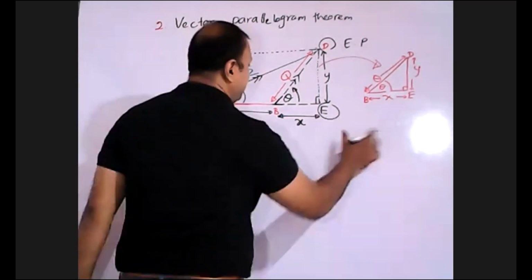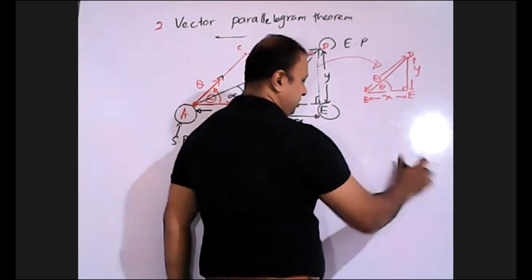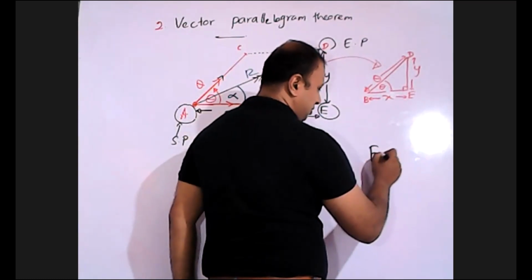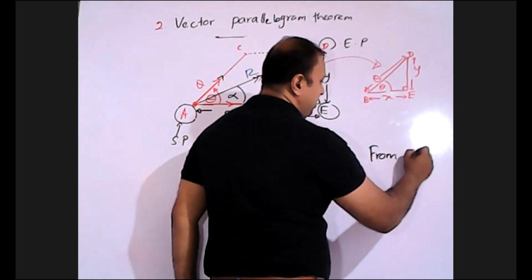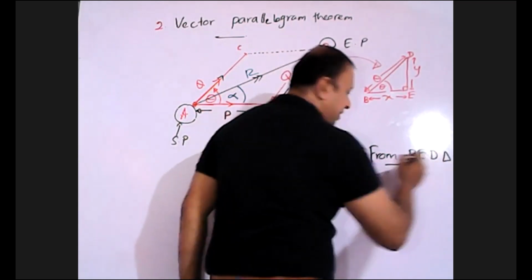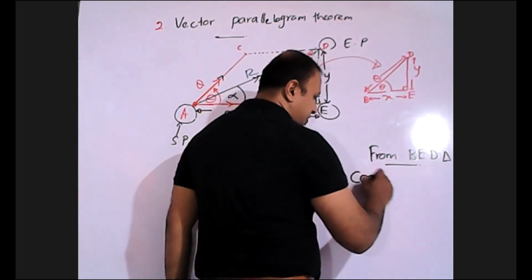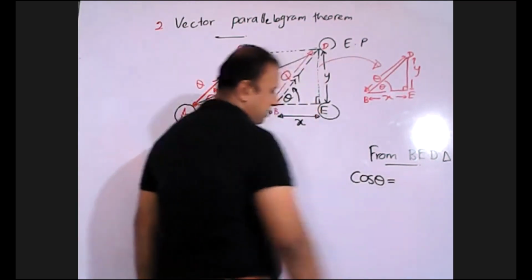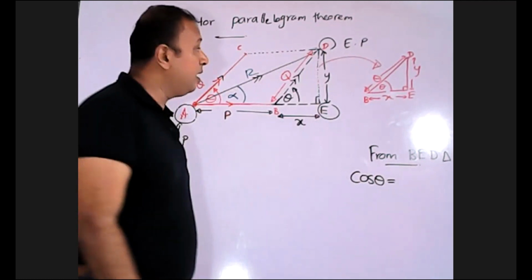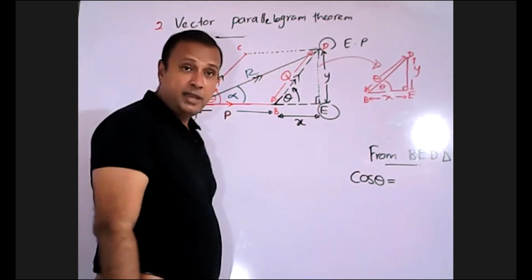From BED triangle, I can write cos theta expression. Cos theta is equal to adjacent side over hypotenuse.